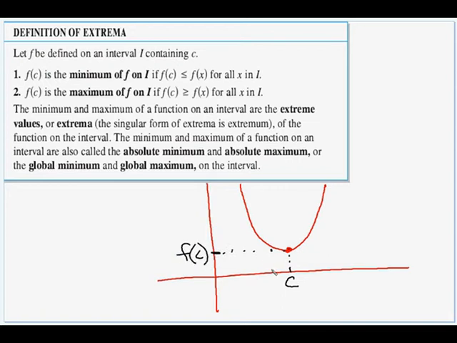And if we look at points to the left or the right of c, and we map those up to the function and over to the y-axis, we're going to see that those values are higher than f of c. So back up here it says f of c is less than all other f of x's. Well, here this f of c is the lowest on the y-axis. Any other x value we put into the function will turn out to be a higher value on the y-axis.